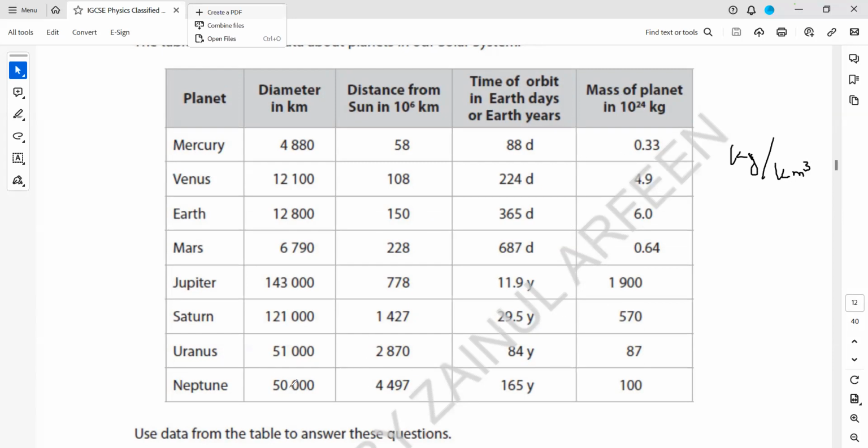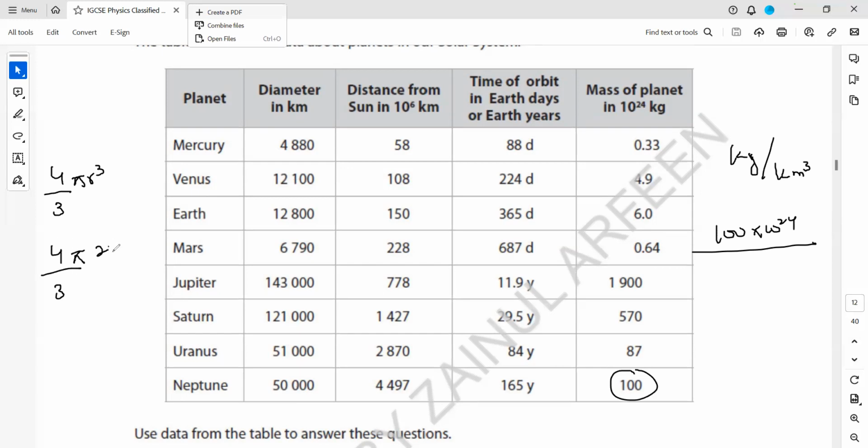The mass of Neptune is given: 100 into 10 power 24. But what about the volume? The volume of a sphere is 4 by 3 pi r cubed. The diameter of the planet is given, so the radius will be half of the diameter. If 50,000 is our diameter, the radius will be 25,000.